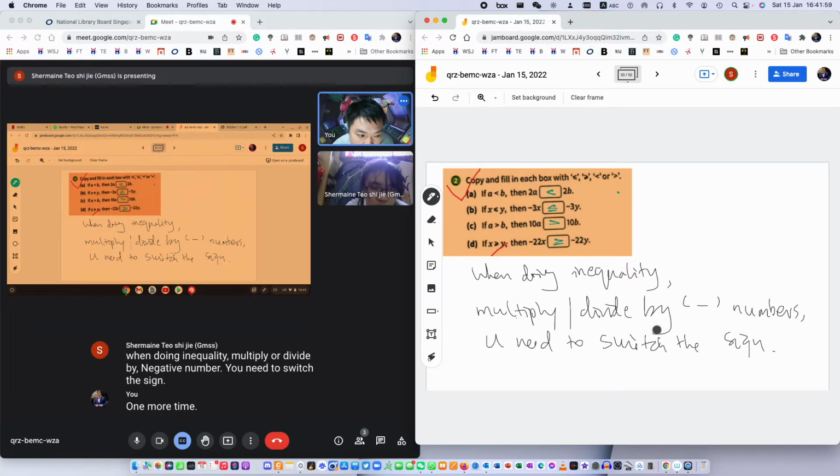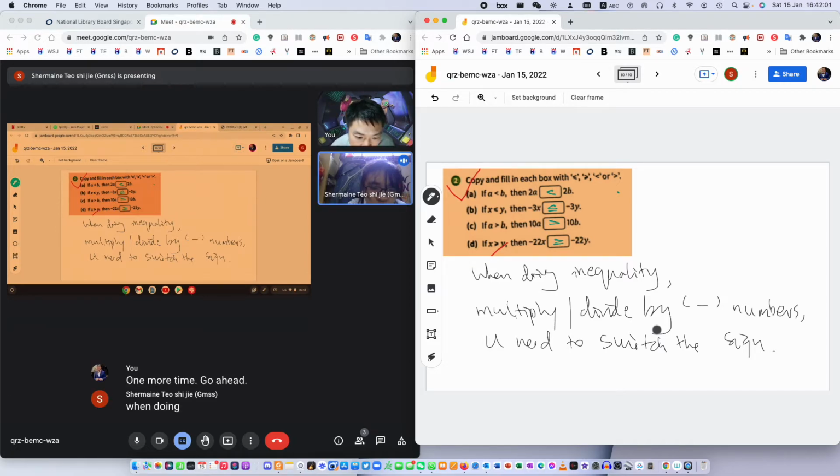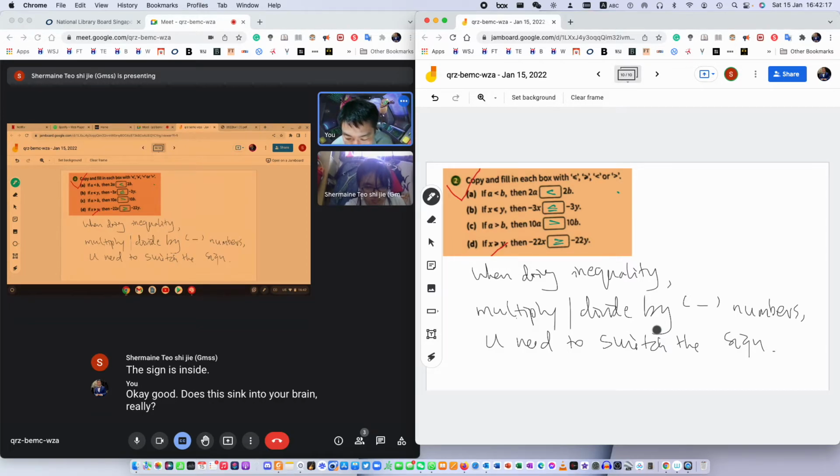When doing inequality, multiply or divide by negative numbers, you need to switch the sign. The sign, I said sign. Okay, good. Does this sink into your brain already?